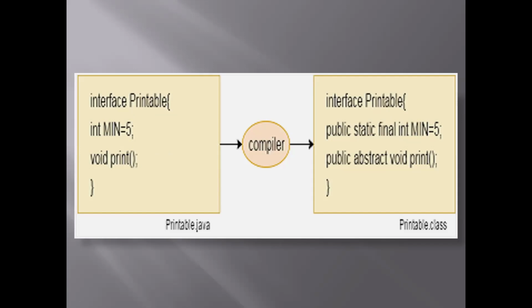Like from the name constant, it has one value stored in it, and this value cannot be replaced with a new one. That's the idea behind a constant. So the interface only holds constants or abstract methods. That's all, nothing more.